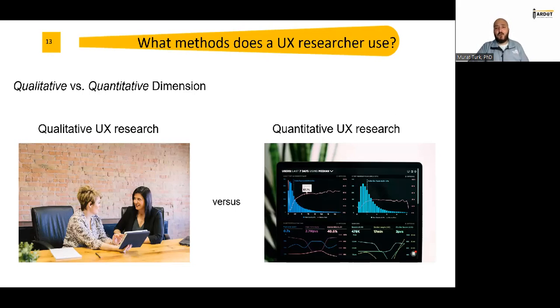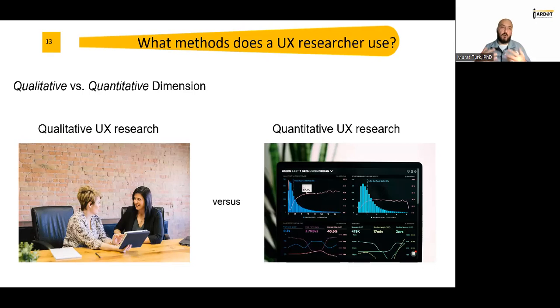On the other hand, we have quantitative UX research methods. These methods are basically used to produce numbers, right? Just like in academic research. And these numbers are obtained from various UX research metrics, and they are used as UX research data. For example, task time, how much time users spend on a specific task.